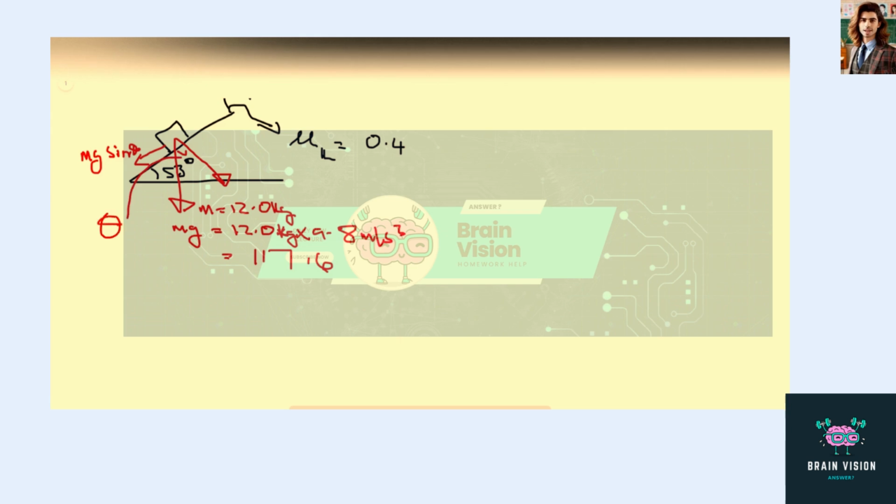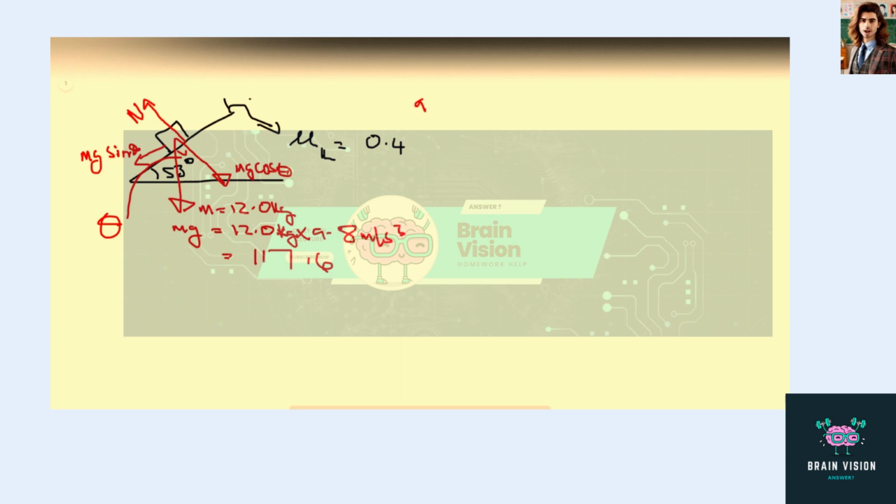And then the normal force N keeps the object on the surface. That's kind of like the reaction of the incline on the object. And then the object pushes the incline with the force mg cosine of theta.